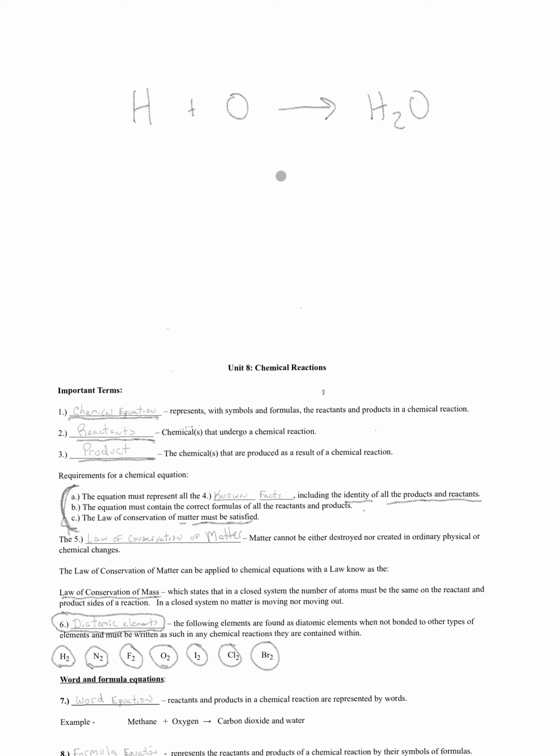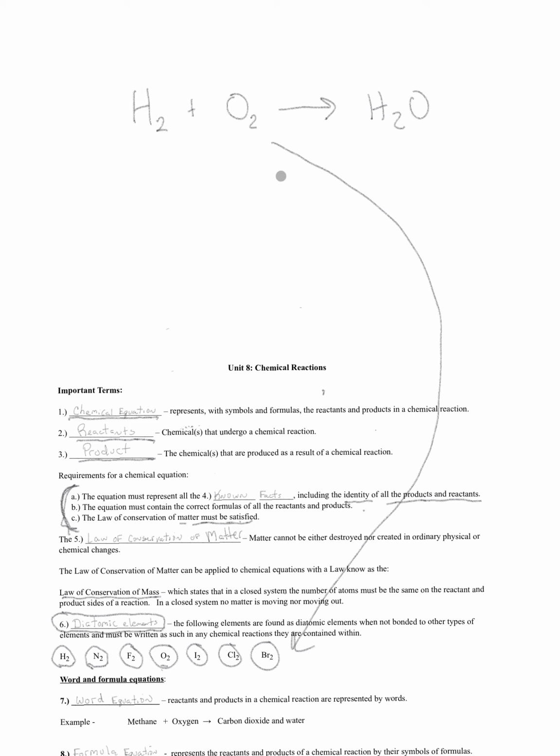Now, if I look down here, what I'll see is that hydrogen and oxygen exist as pairs. They're diatomic molecules. So I cannot write them in an equation as just single atoms. I have to write them as pairs.